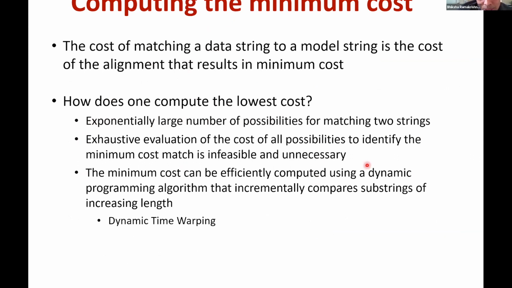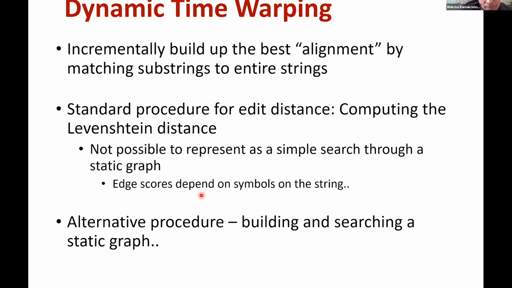So we're going to use a dynamic programming algorithm. Those of you who have worked with this in the past know that you use the Levenshtein distance computation algorithm. I'm going to use a slightly different algorithm, which still will give you a very similar result. I'm going to call it dynamic time warping. The way we do it, you incrementally build up the best alignment by matching substrings to entire strings.